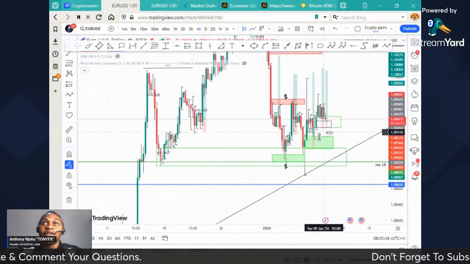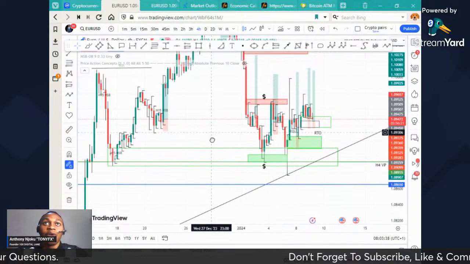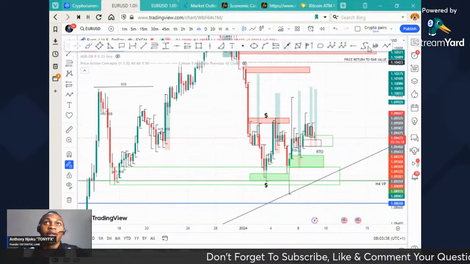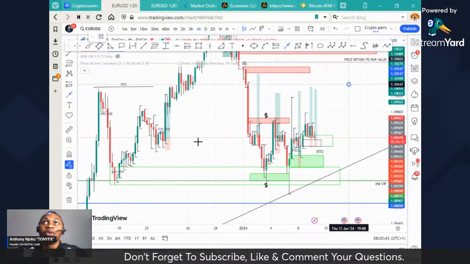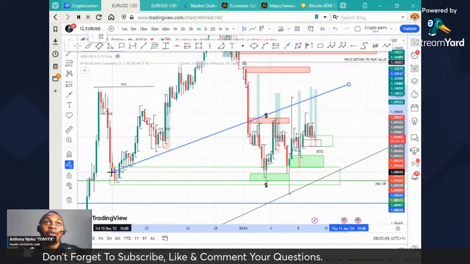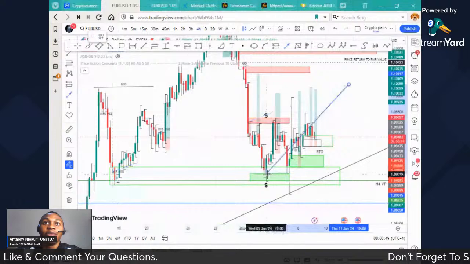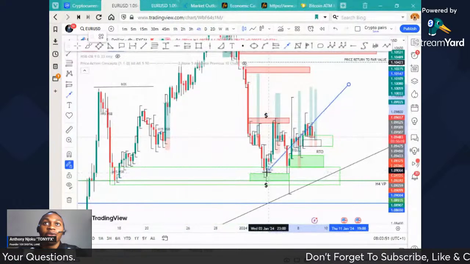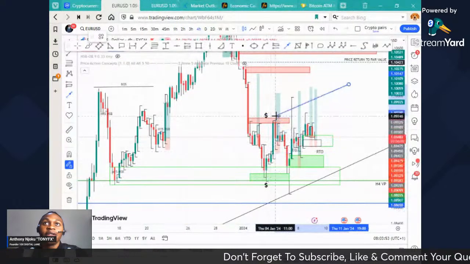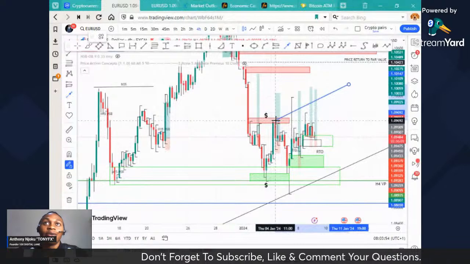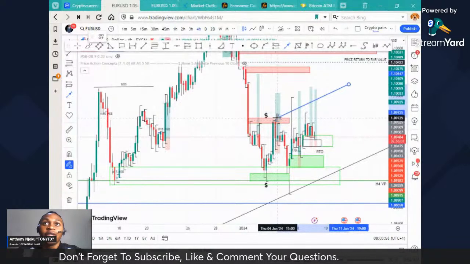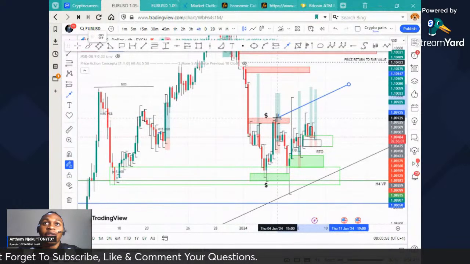After that, the market created what we call an order block. This was the order block the market created over here. The market got into this order block, mitigated the order block, and had a push to the upside after the mitigation.